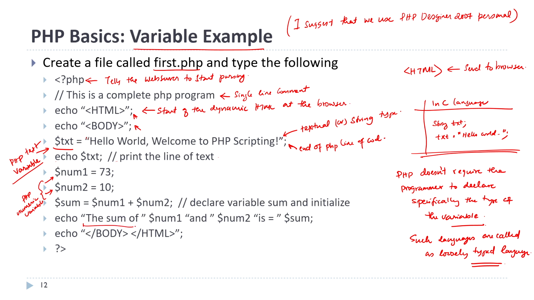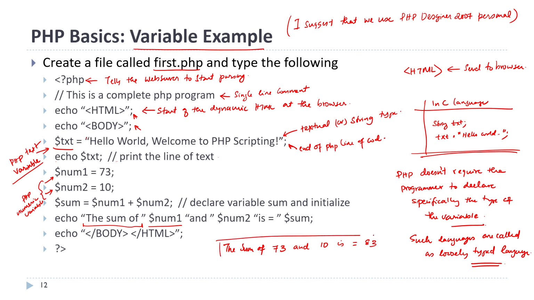First it will print this string, then num. So, it will print "the sum of" 73, because $num1 will be 73, and then it will print "and 10", $num2 will be 10, "is equal to" sum will be 83.